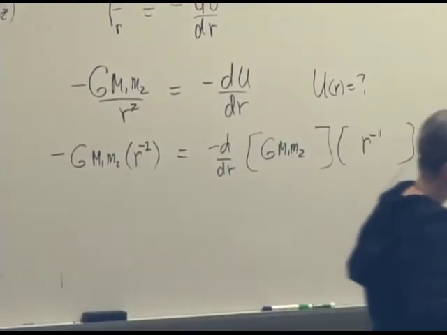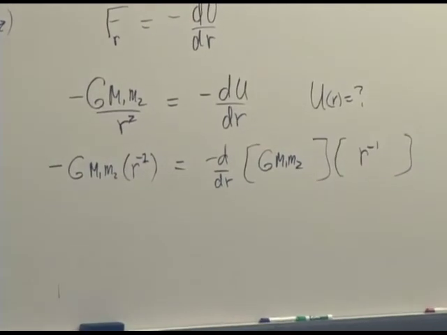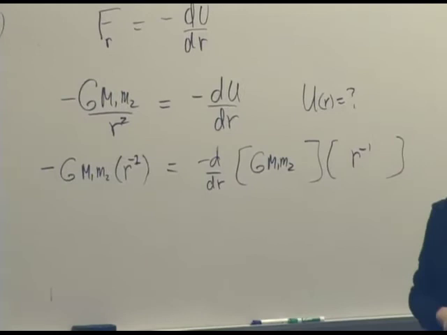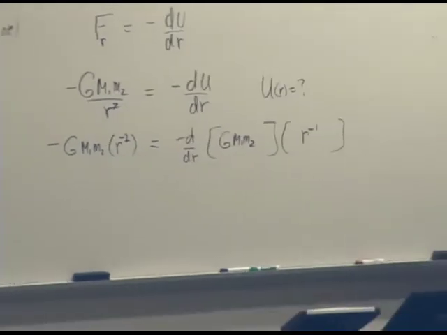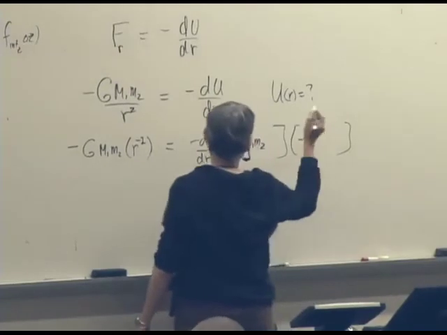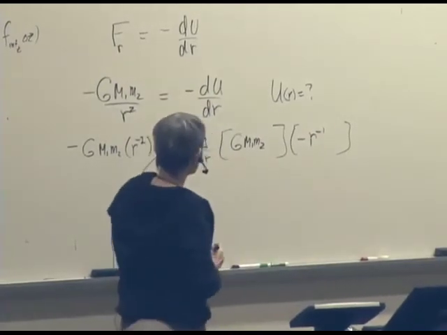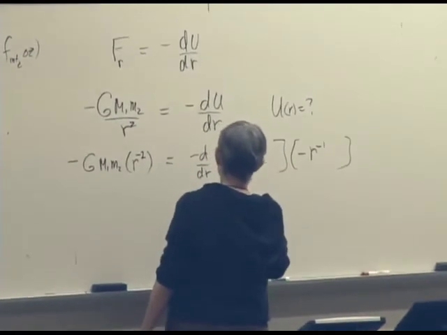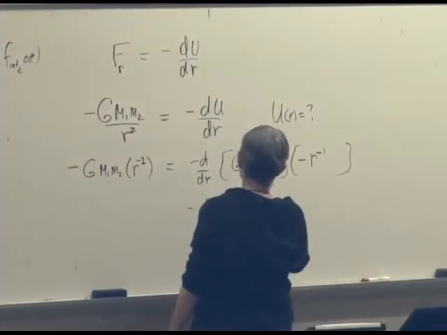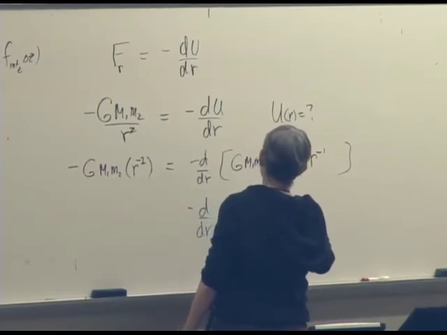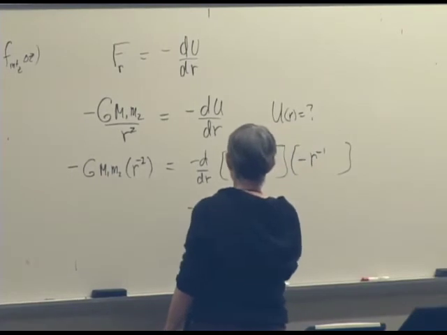And we have to be a little careful. Is that the right sign? Not quite. It's a negative r to the negative 1, isn't it? So basically we're asserting that we're taking the negative derivative of G M1 M2 over r, with a minus sign here.